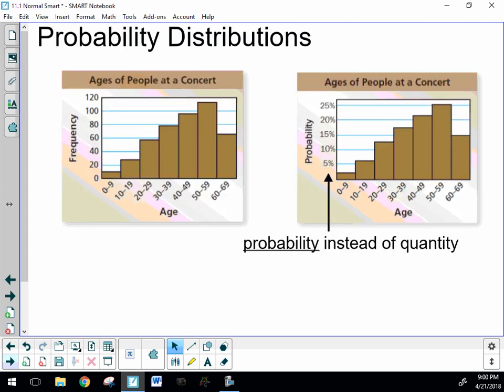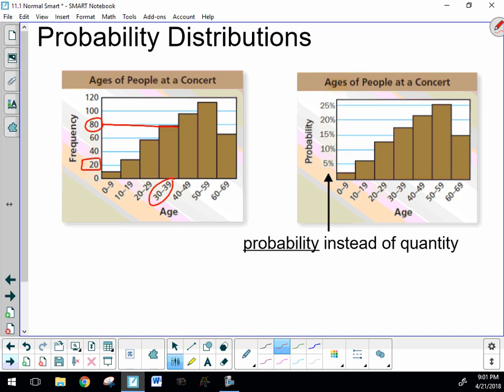Similarly, we could have a probability distribution. So these two graphs are identical except for what is listed on the y-axis. This one is just like the one we just looked at, where it lists the number on the y-axis. So this is saying in the age group 30 to 39, there were 80 or really close to 80 people.